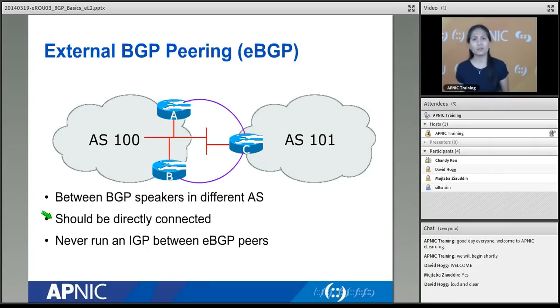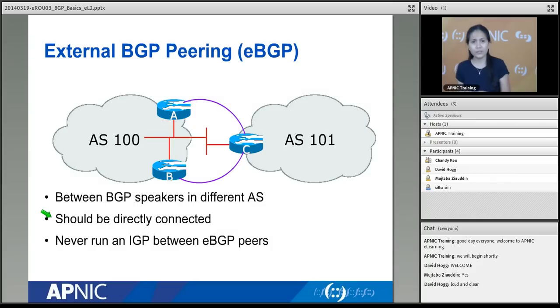But one important thing to remember here, which is a design issue, and something that most newbie engineers have problems with, is running an IGP between eBGP peers. More specifically, if you talk about an ISP setup, if you have customers, we somehow include these customer networks as part of our backbone, as part of our network, which it shouldn't be.